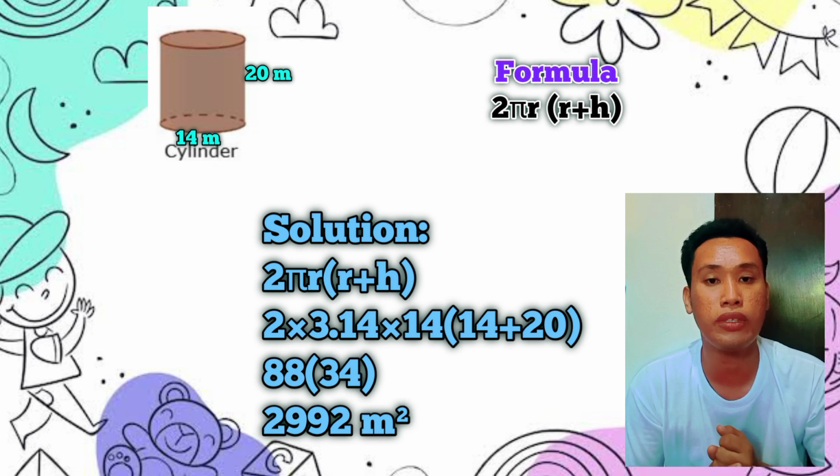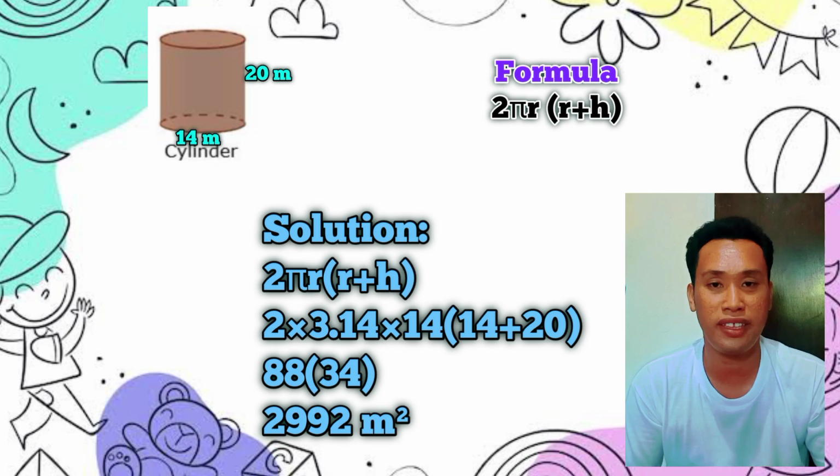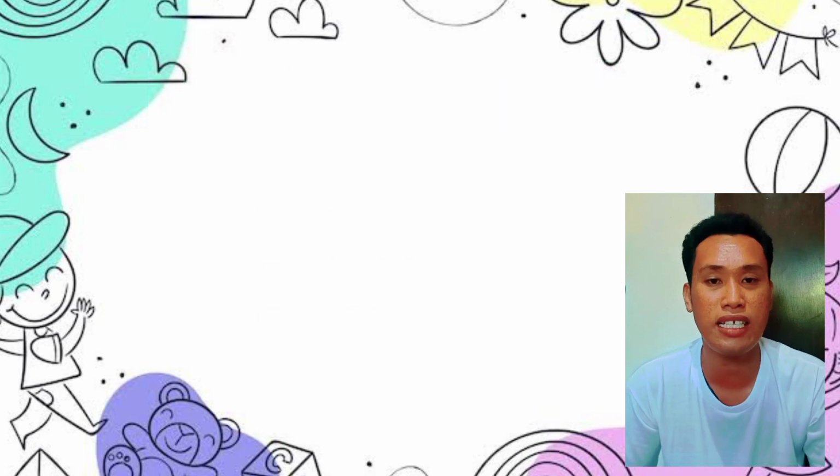So 2 times 3.14 equals 6.28 times 14 equals 88. Then 14 plus 20 equals 34. Then multiply 88 by 34 and we get 2,992 square meters.